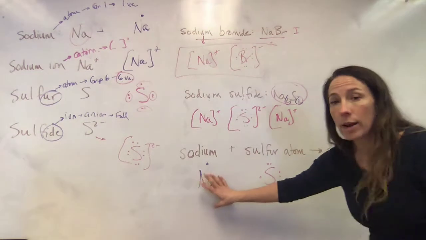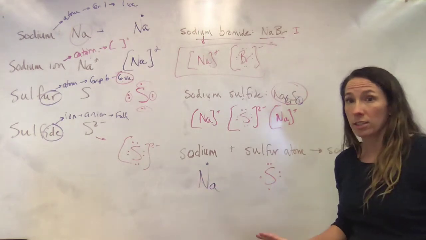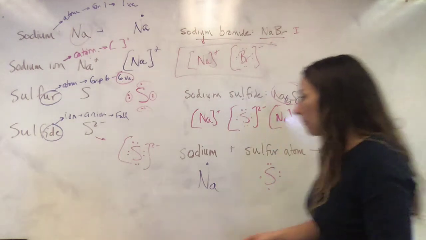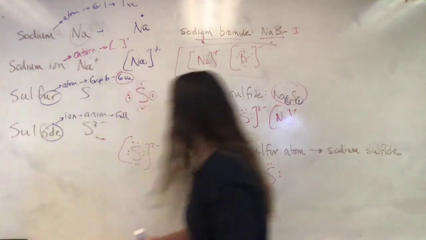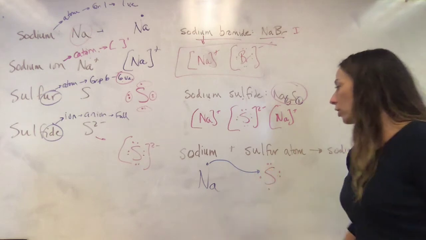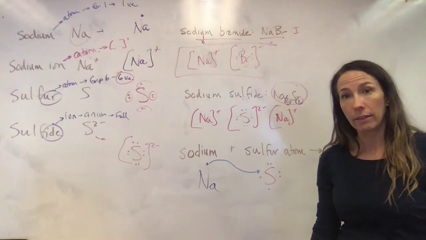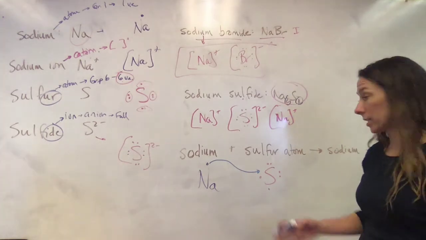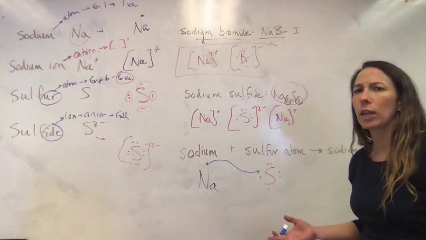And this is quite unstable, doesn't have a full octet. This is quite unstable, doesn't have a full octet. So if I were to put them together, this sodium would like to transfer its electron to that sulfur atom, like that. But the sulfur atom still isn't satisfied, right? It's a little bit better, but it doesn't have its full 8 yet.